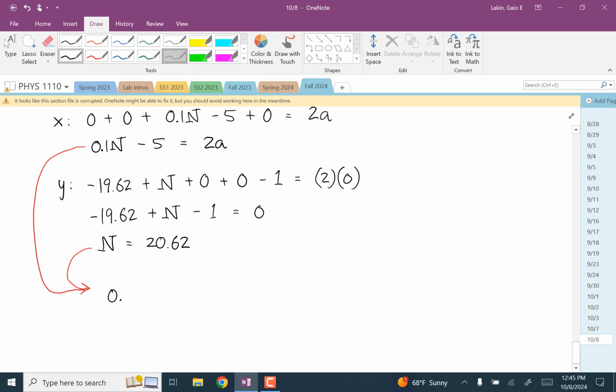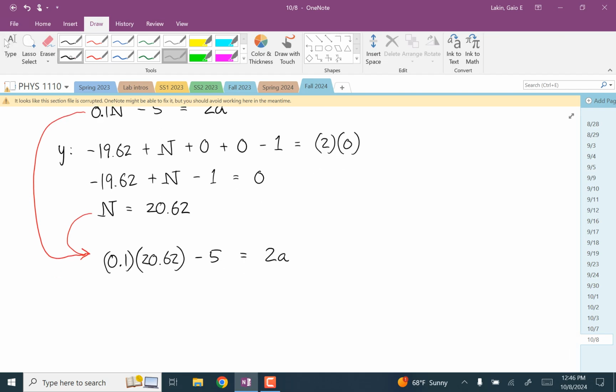So we have 0.1 times what we just figured out for N, minus 5 is equal to 2a. And so 2.06, that's not a 6, 2.062 minus 5 is equal to 2a. So negative 2.94 is equal to 2a.